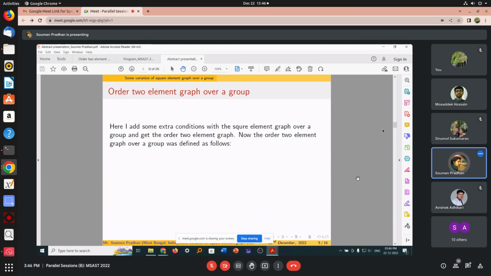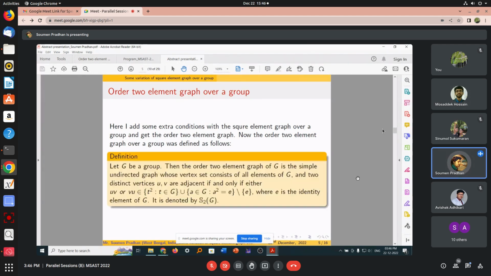Now we introduce the order 2 element graph over a group. Here I add some extra conditions to the square element graph over a group and get the order 2 element graph. The order 2 element graph over a group is defined as follows.